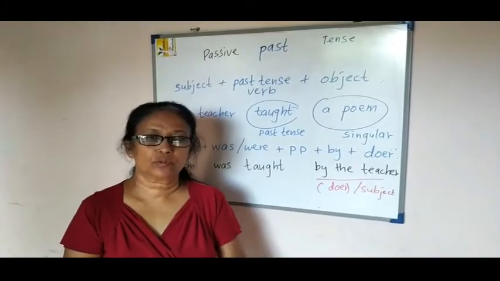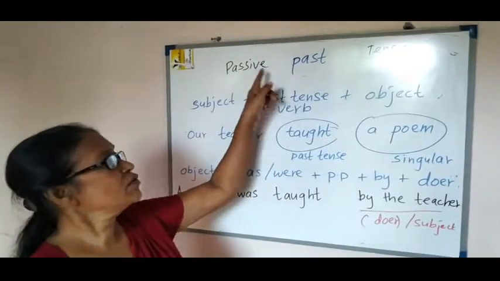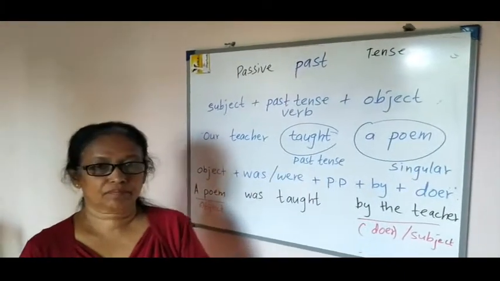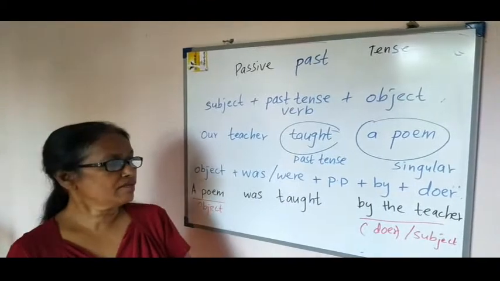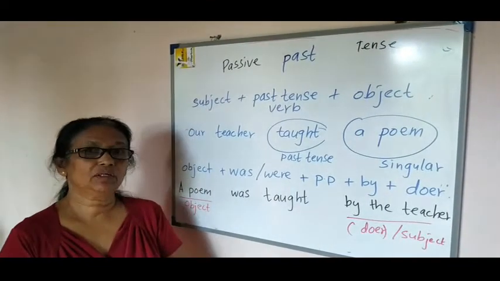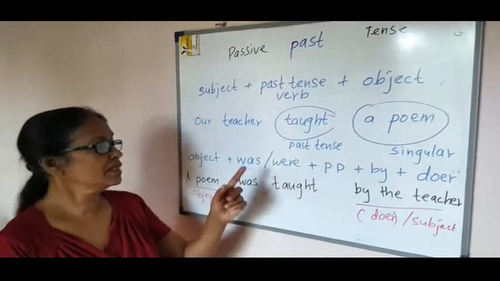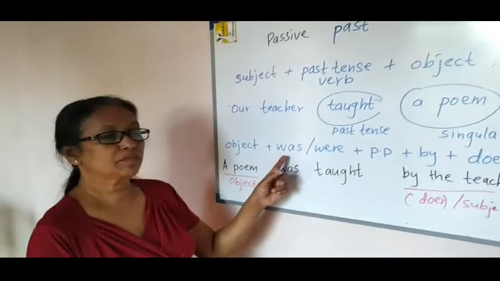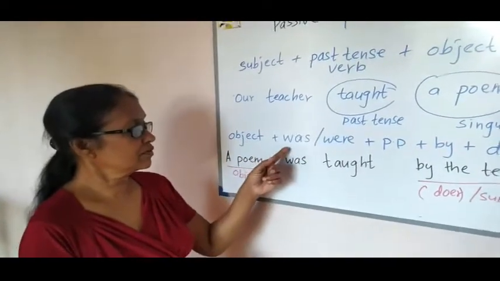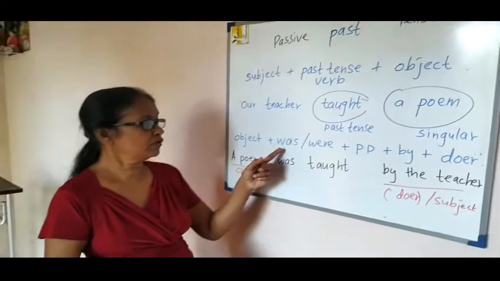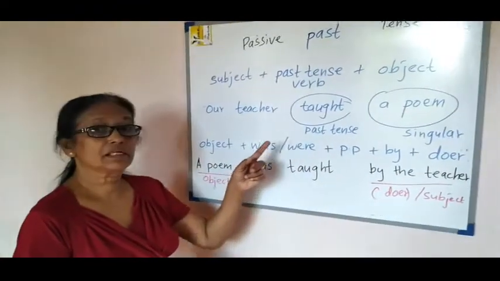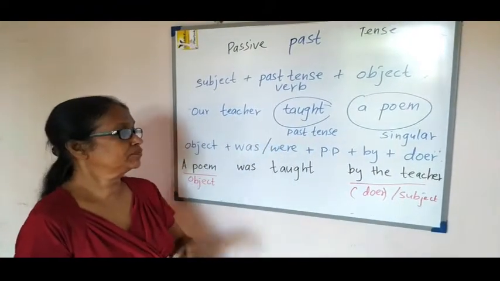Now I teach you passive past tense. Right? Only one thing you have to study from this: instead of is or are, you write was or were.